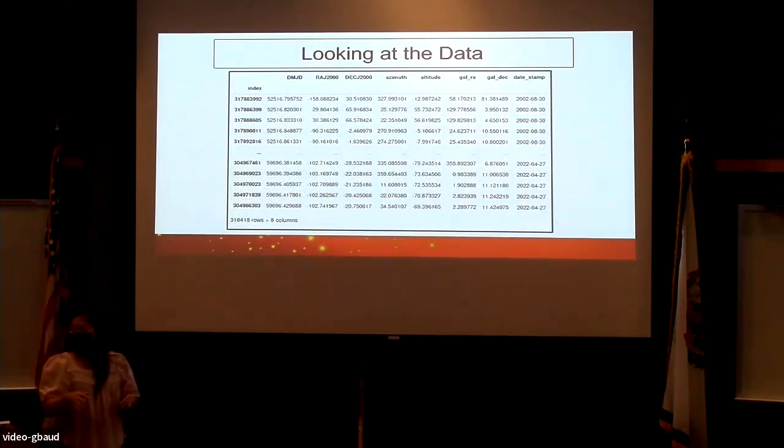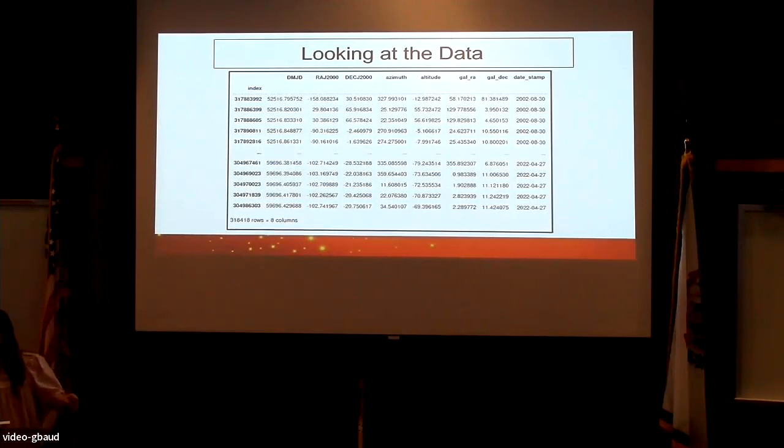In the table of the 300K subsample that I work with primarily, the information I have is the modified Julian date, the right ascension, the declination, and the azimuth and elevation of the antenna data. From the baseline data, I was able to get the galactic right ascension, the galactic declination, and the date stamp from the modified Julian date.